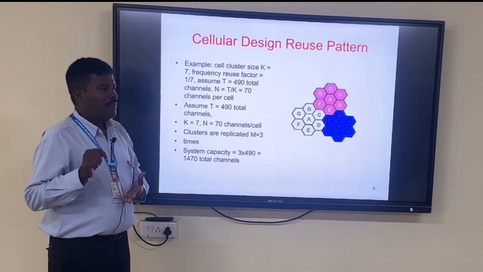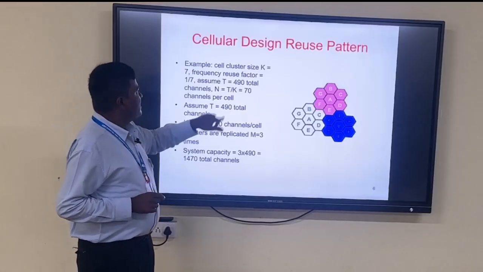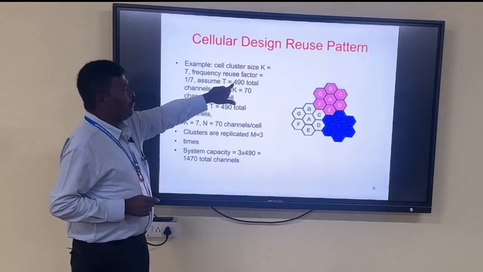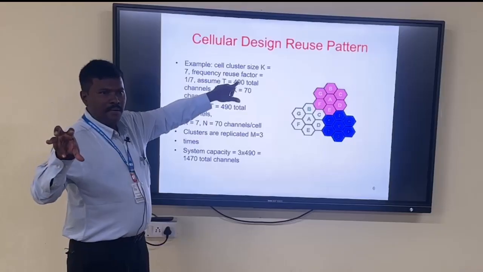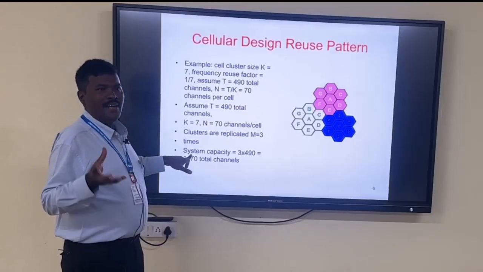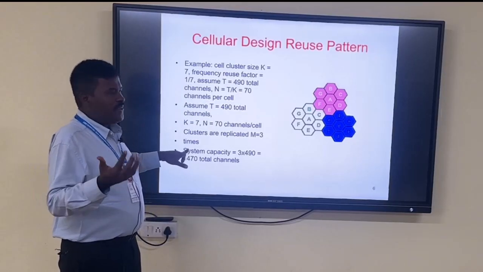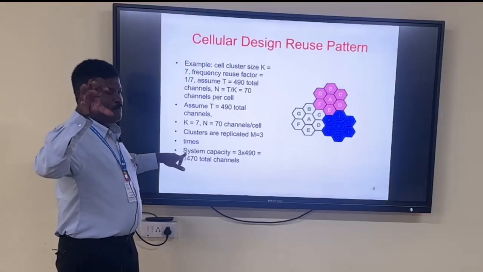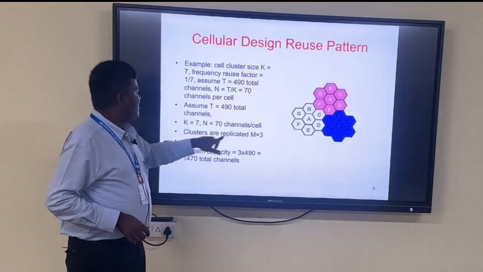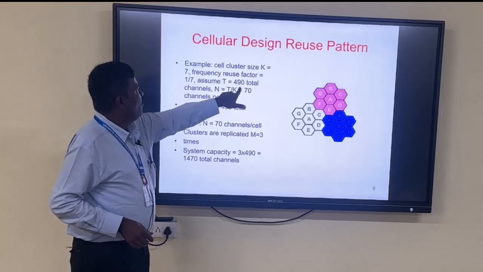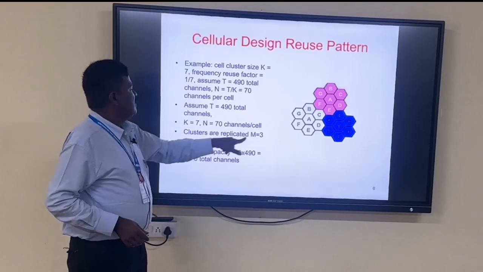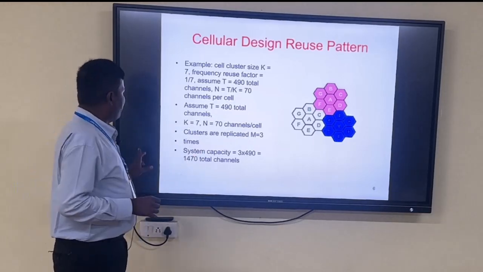So, that is what we have to understand. This 490 is for one cluster and this is for the total system, because we have taken that a cluster is replicated 3 times: a simple multiplication of 490 into 3. This is a very simple calculation.